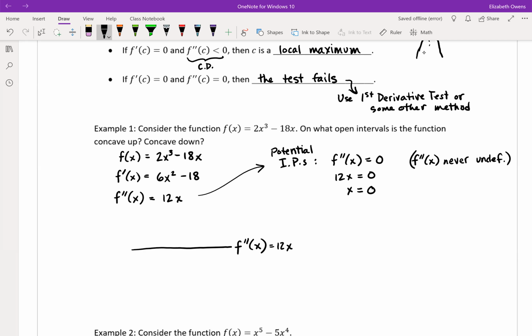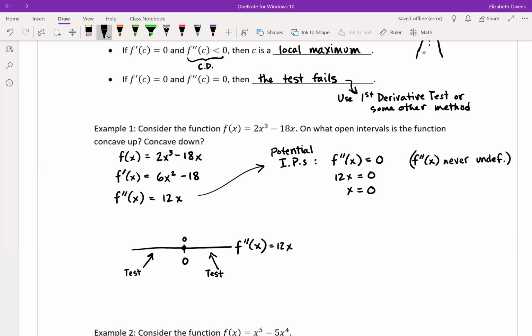And we're going to put our notable point on here where f double prime of x equals 0. I'll make a little note of that. Okay, so that happens at 0. And then you're going to test values on either side of that. So you're testing in these two different intervals.